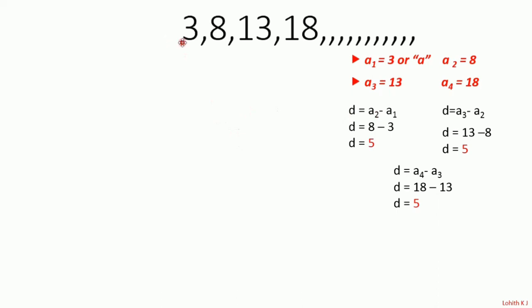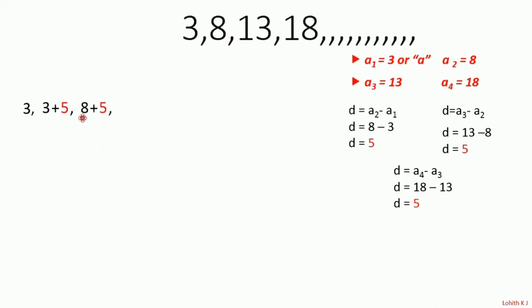Next let us write the terms of this arithmetic progression in terms of the first term and the common difference. Let us write the first term 3 as it is. Next, in order to get the next term, that is 8, we have to add a fixed term, that is nothing but common difference. So to the first term, that can be written as 3 plus 5. 3 plus 5 will give the value 8. So in order to get 13, we have to add 5 to its preceding term, that is nothing but 8 plus 5.